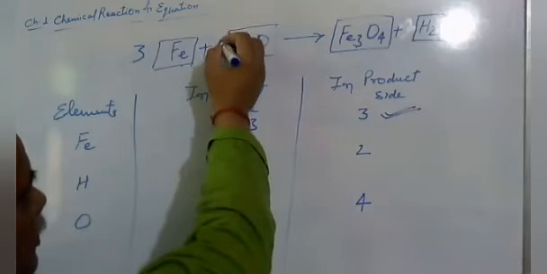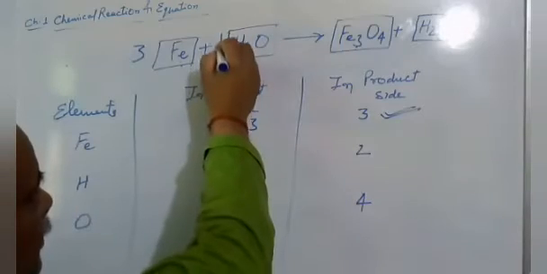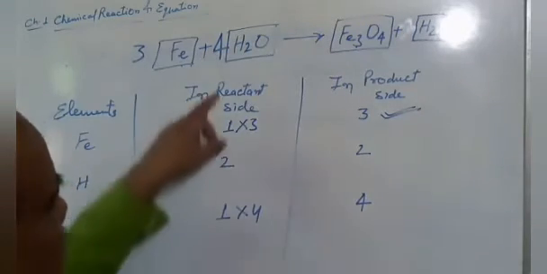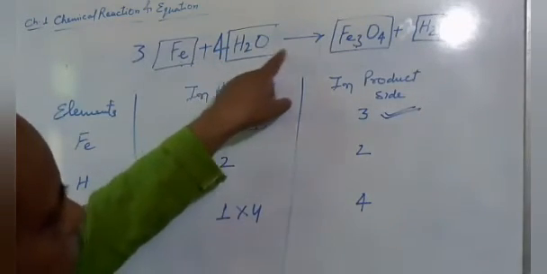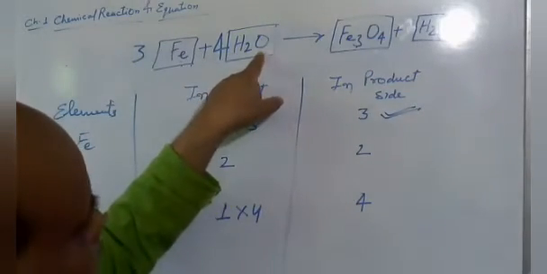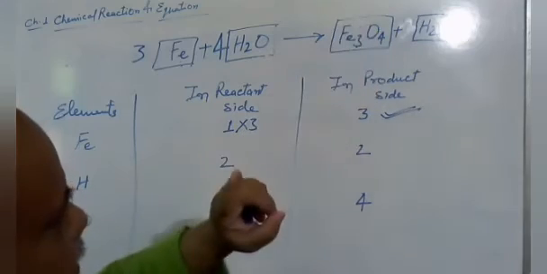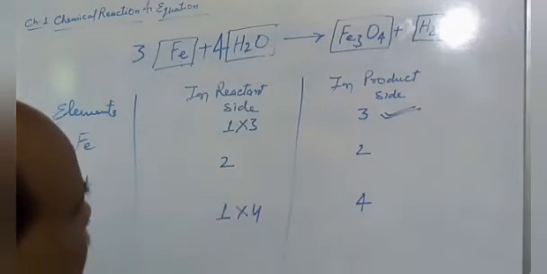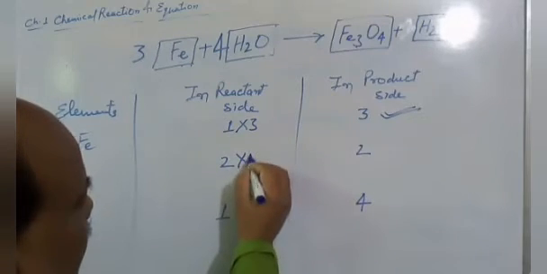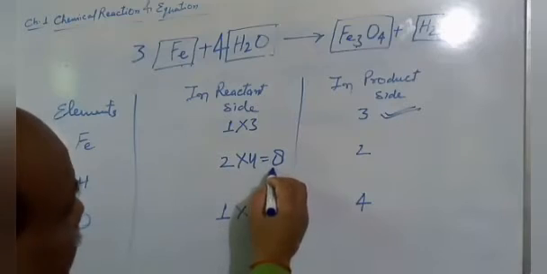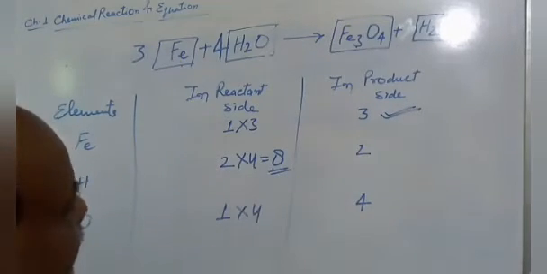How can we multiply? We put coefficient 4 before water molecule and oxygen becomes balanced. 4 atoms of oxygen in reactant side, 4 atoms of oxygen in product hand side. But 4 is also multiplied with hydrogen and it will become 8. 8 atoms of hydrogen in reactant side.